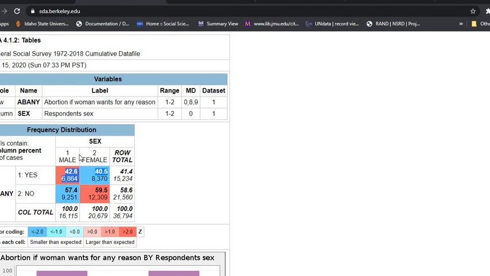So you write up your stuff, but you also want to include in your email to me a screenshot of this cross-tabulation table, just so I can look at it and see if you did it correctly and interpreted it correctly. So you could screenshot it and send me a picture of that.